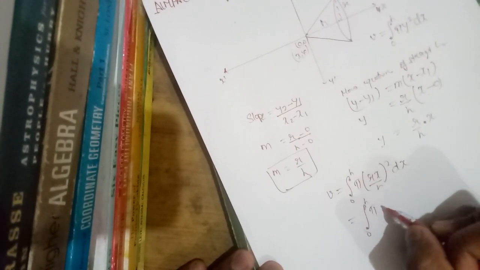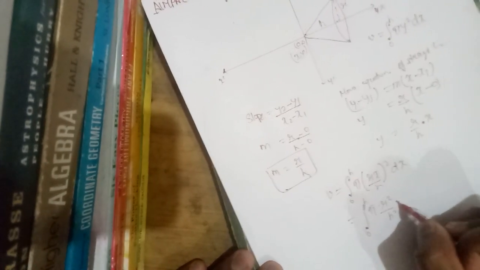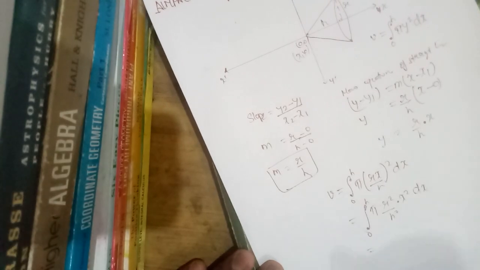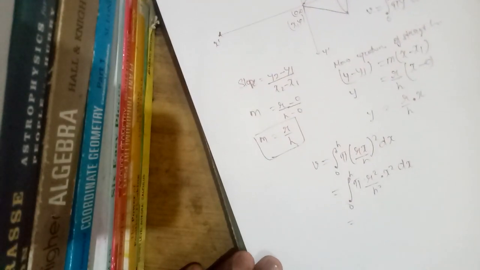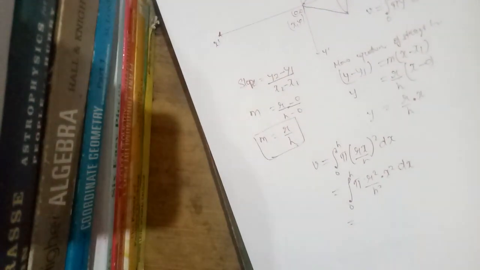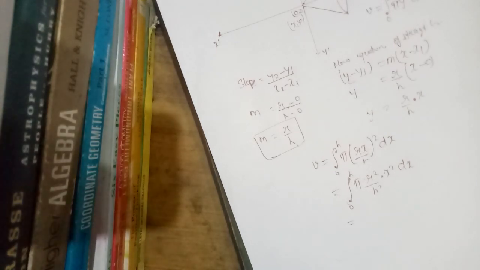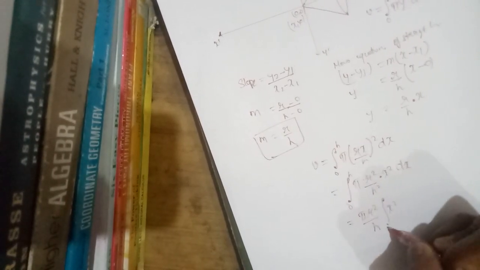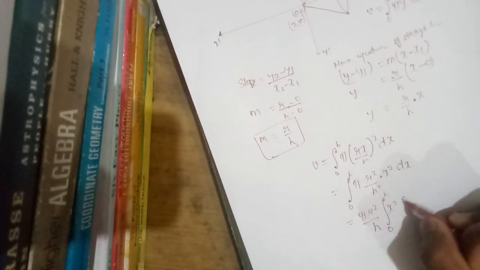From here we get r square by h square times x square dx. Now we are going to separate the constant term, that is pi r square by h square, and what is left is x square, which we are going to integrate from 0 to h, dx.